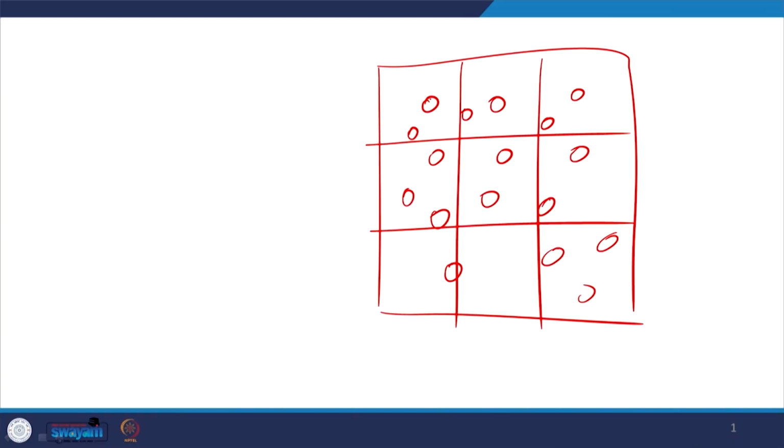Let's say, for example, these two particles have their motion solved in node 1, these 3 are handled in node 2, and so on.